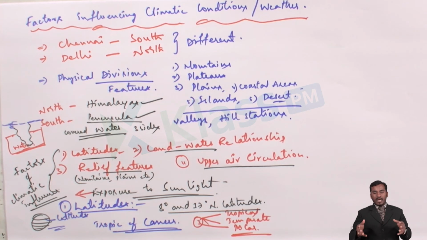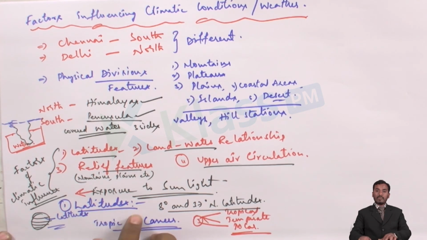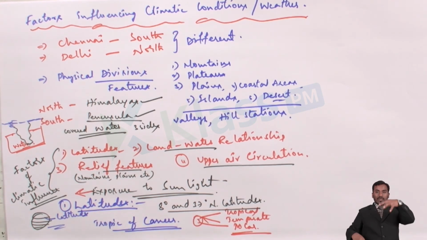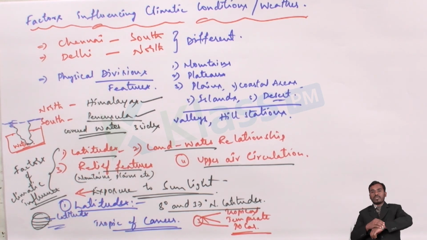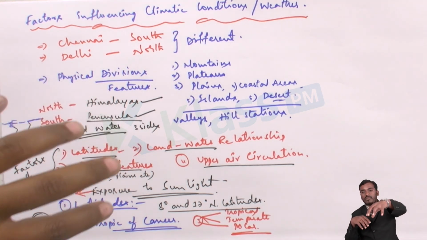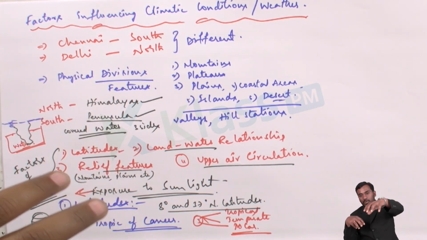And they are based on the latitudes, that means their location. As I said, take Chennai and Delhi. Chennai is at the bottom and Delhi is at the top. Their locations are based on the passing of the latitudes. Delhi generally lies above the Tropic of Cancer, whereas Chennai lies below the Tropic of Cancer.